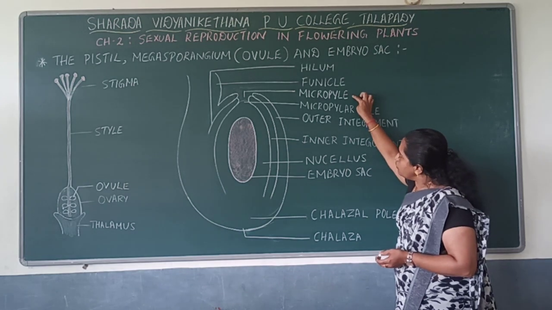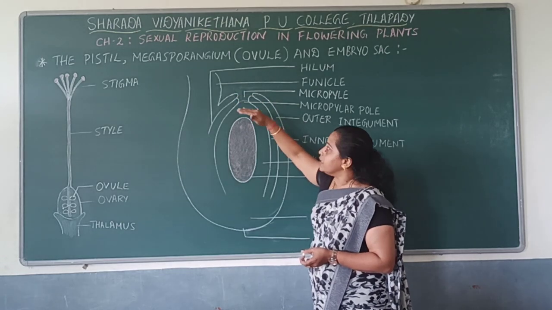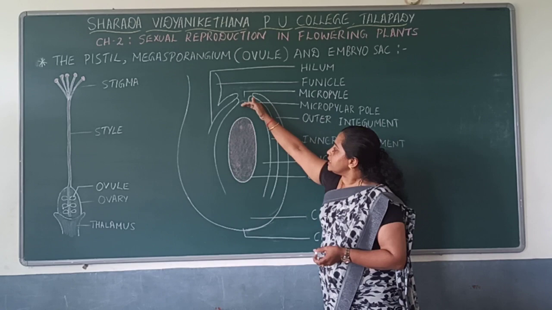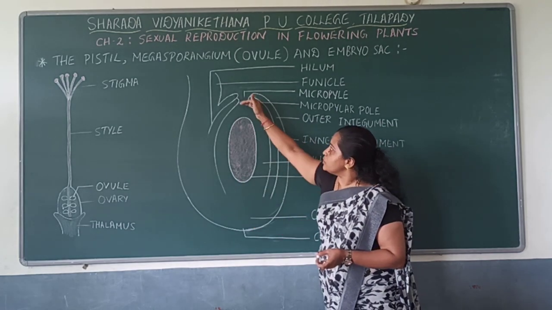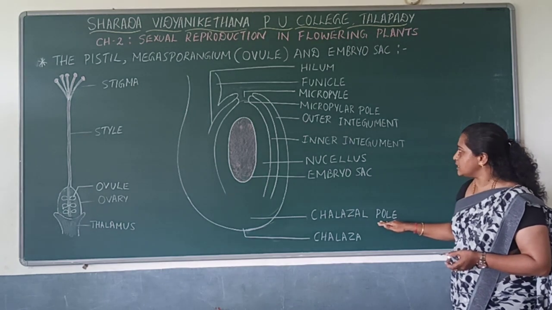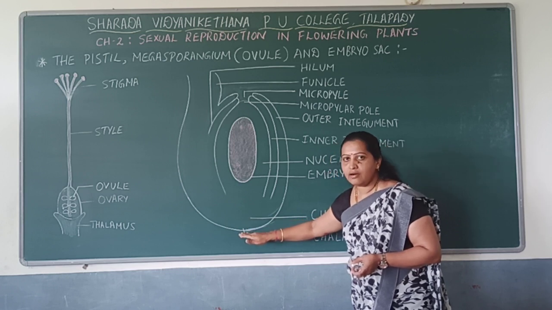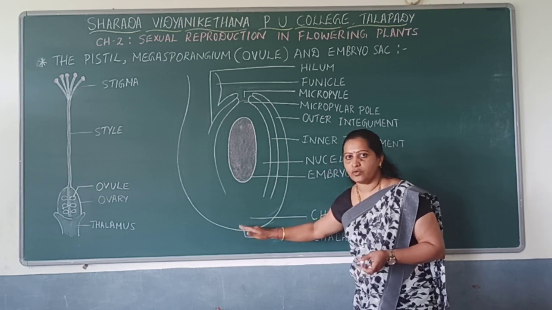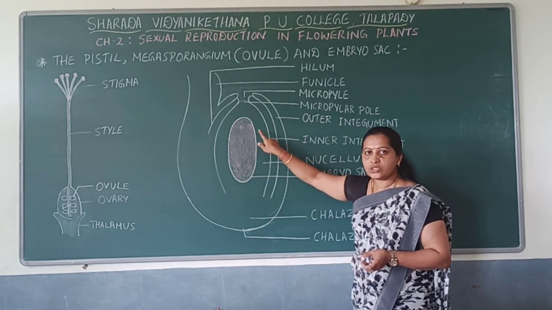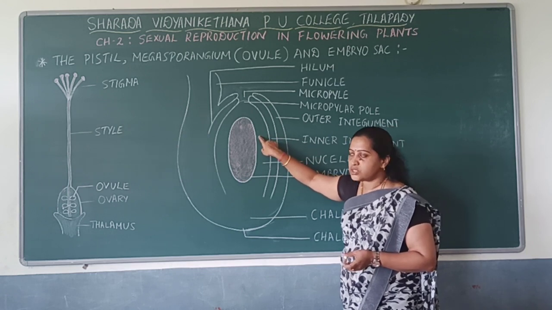The end of the ovule which has the micropyle is called micropylar end. The opposite end of the ovule is called chalazal pole or chalazal end. The chalaza forms the base of the ovule. You should remember that this ovule is an inverted ovule, so it is known as anatropous ovule.